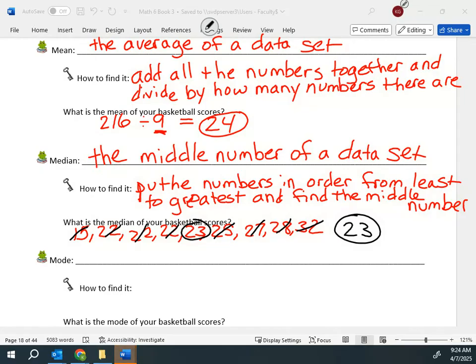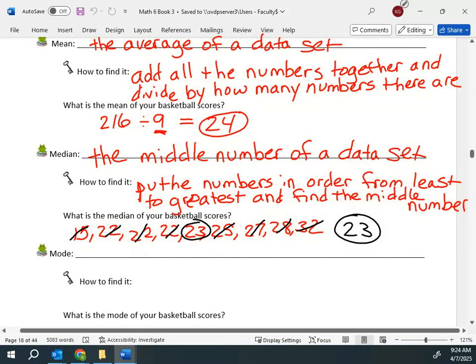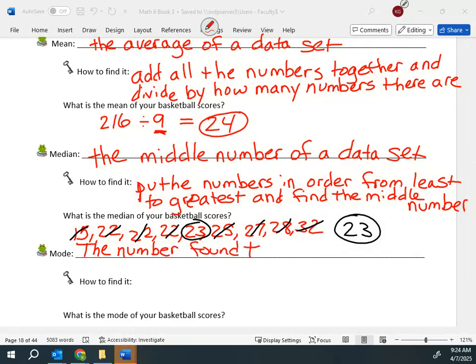Our last definition we have to write is the mode. Move up just a little bit. The mode is the number found the most often.